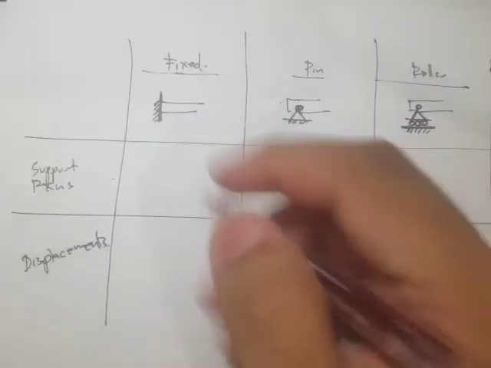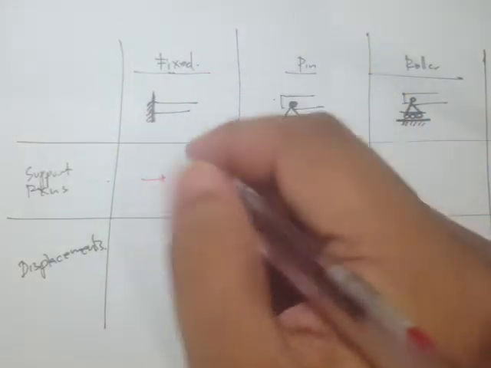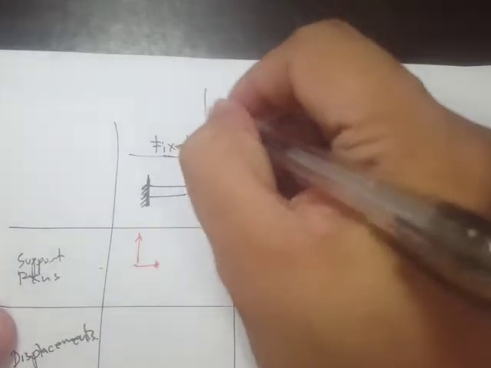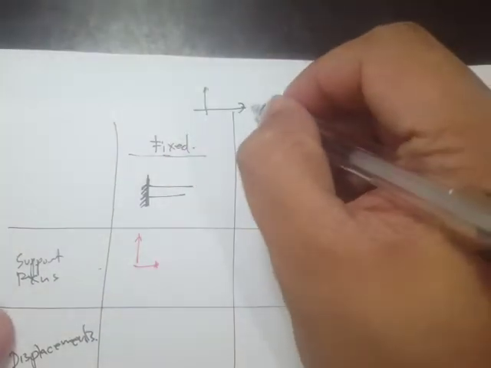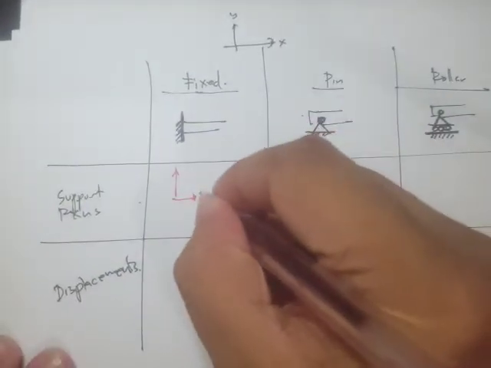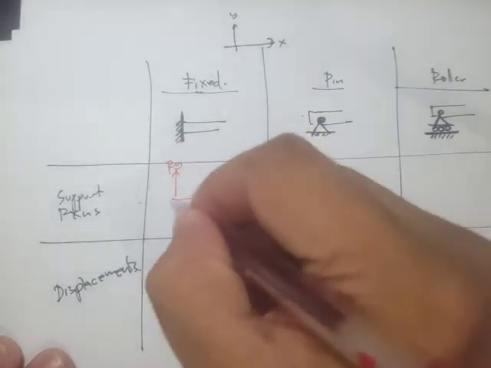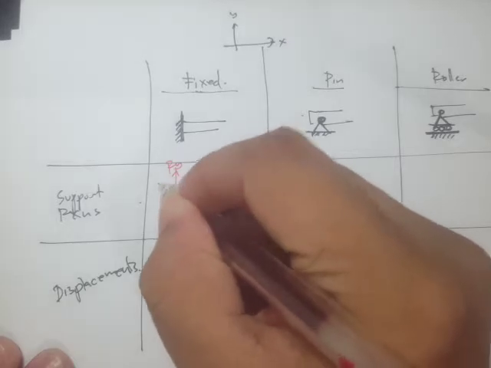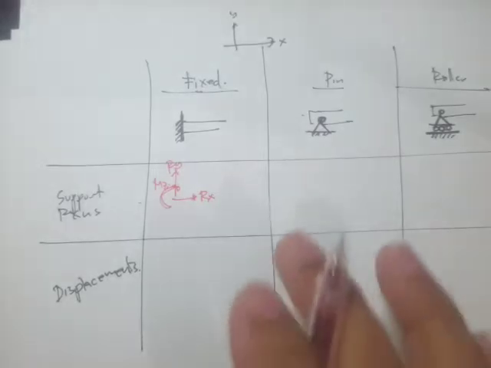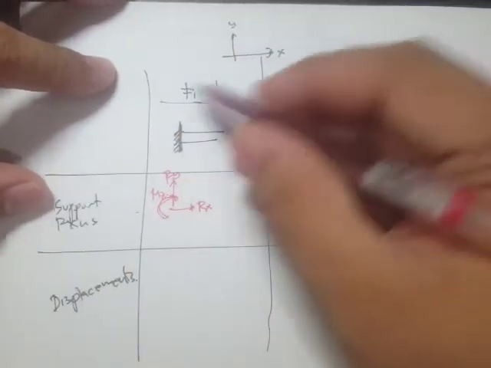Okay, so for this fixed support, we have forces along x, right? So let's write our axes here. This is our x, this is our y. So we have Rx, we have also reactions along y, and we have moment reactions along the z-axis. Okay, so meaning that the three reactions are present for a fixed support.